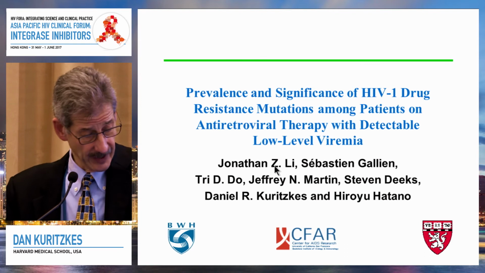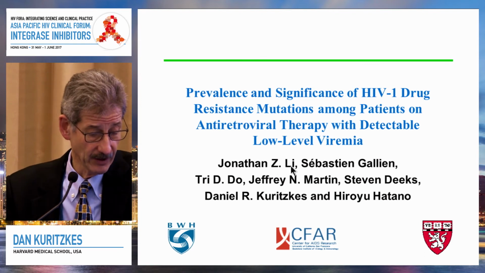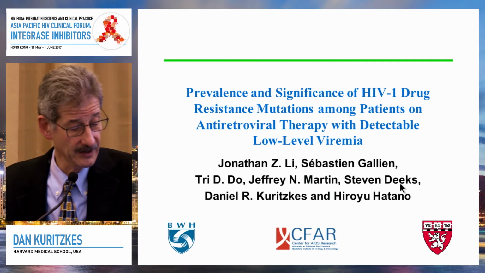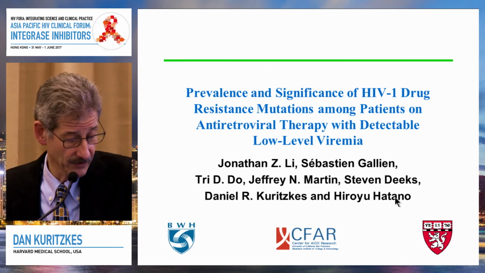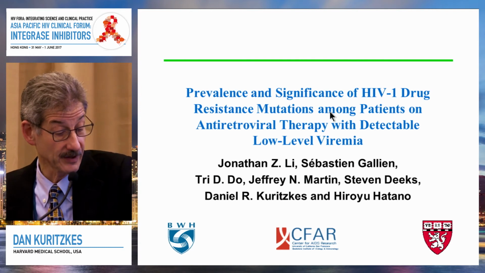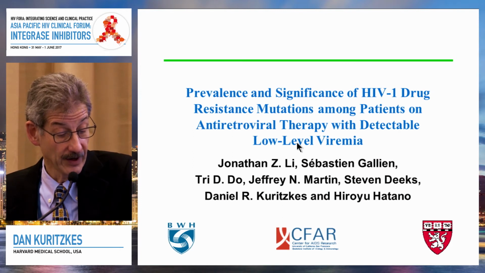Then John Lee, who is now an assistant professor in my division, working with Sébastien Gallien in samples collected by Steven Deeks at UCSF and Hiroyu Hatano, who used to be at UCSF, looked at the prevalence and significance of drug resistance mutations among patients on treatment with persistently detectable low-level viremia.